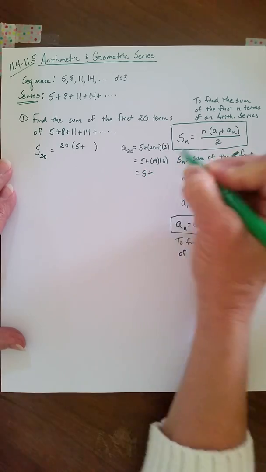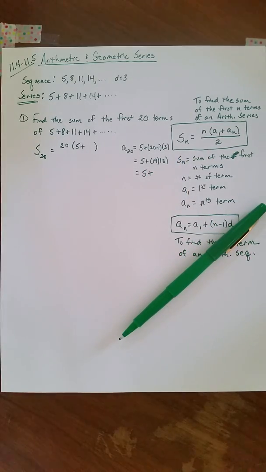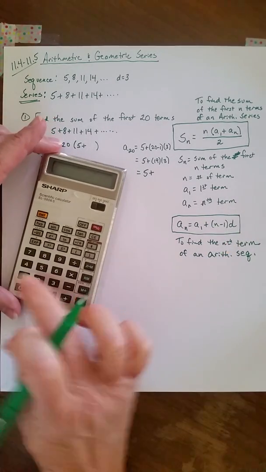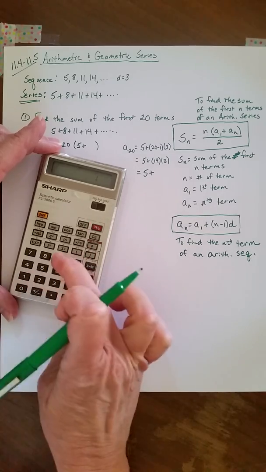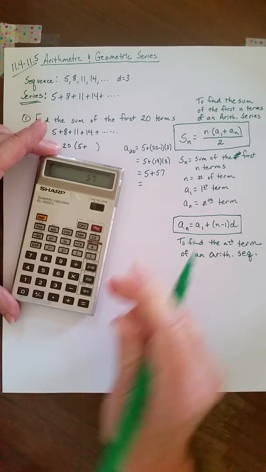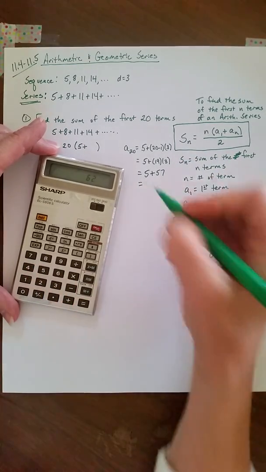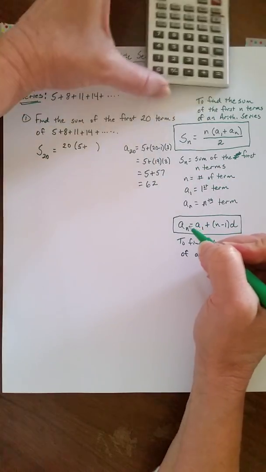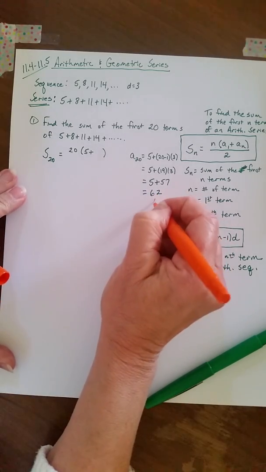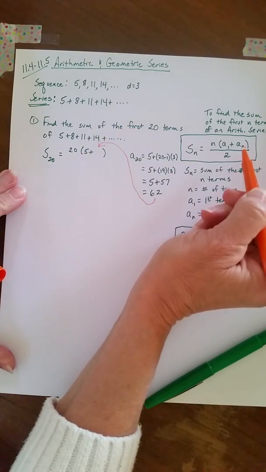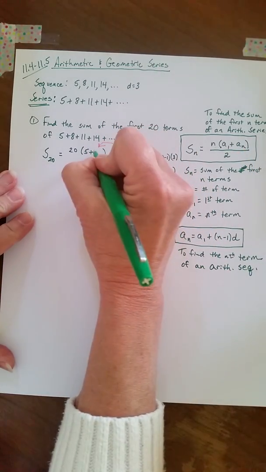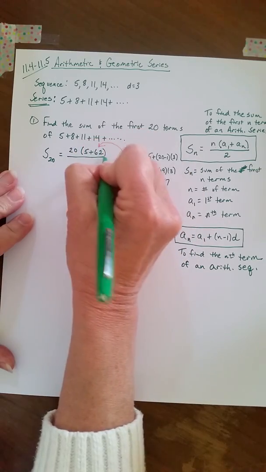Of course, you can do that in your head, or you can figure it out with your calculator. 19 times 3 is 57. Add 5 to that, and we get 62. That's what I'm going to put right here, because we just found the 20th term, the nth term. So I'm going to put 62 right here, and that's all divided by 2.